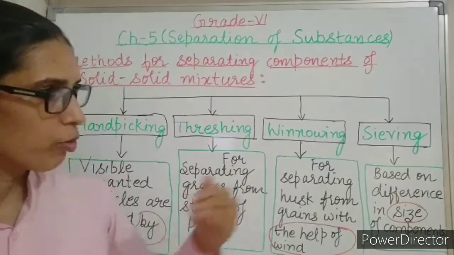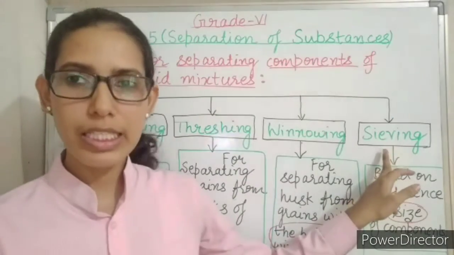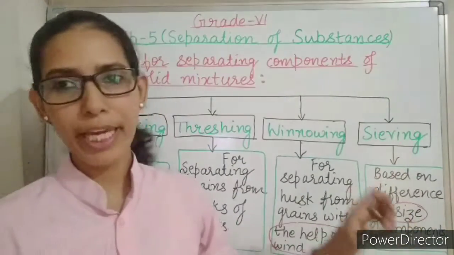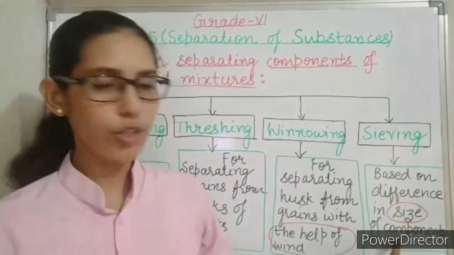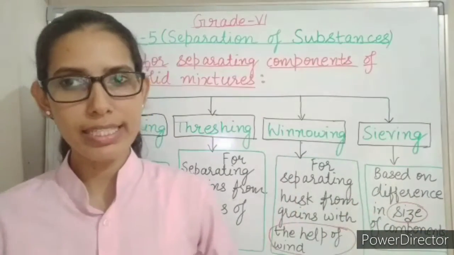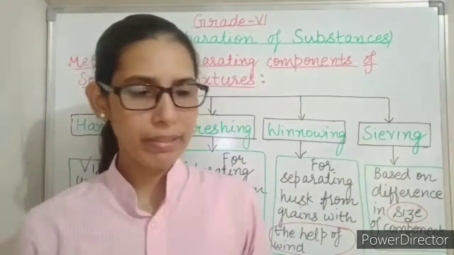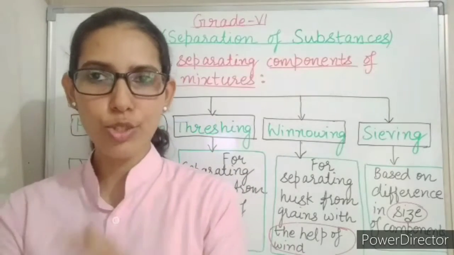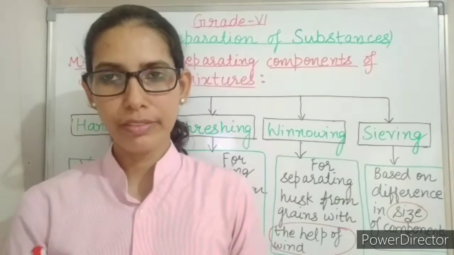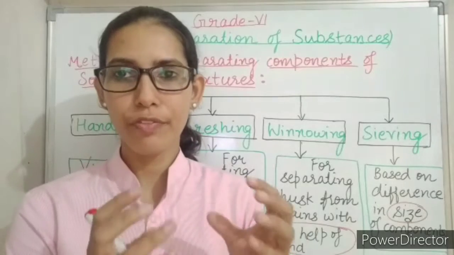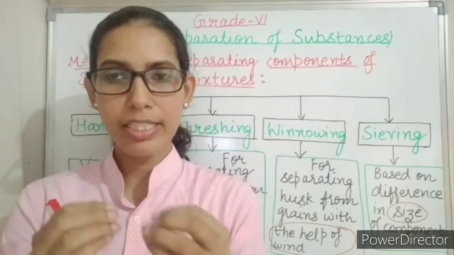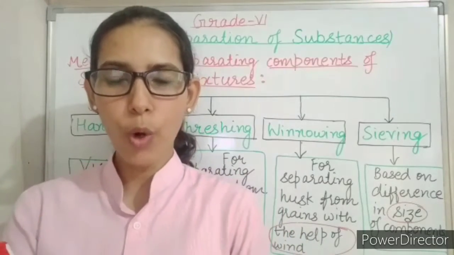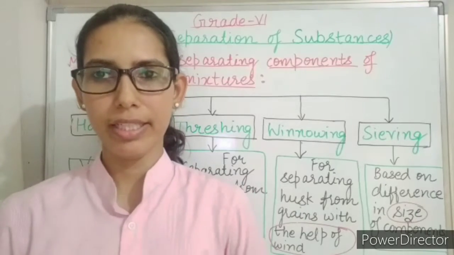If we move on to the next, which is sieving. This method is based on difference in the size of the components that are to be separated. For example, there is a mixture of rice and salt. We know that the size of the rice particle is more as compared to salt particles.